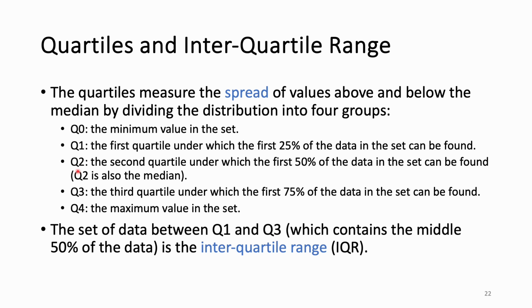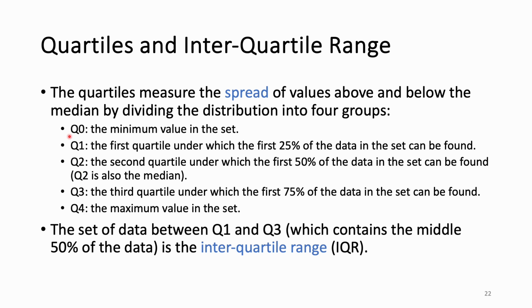Then Q2, the second quartile, where you can find the first 50% of the data. Then Q3, the third quartile, under which you can find the first 75% of the data. And last, we have Q4, which is the maximum value in the dataset.